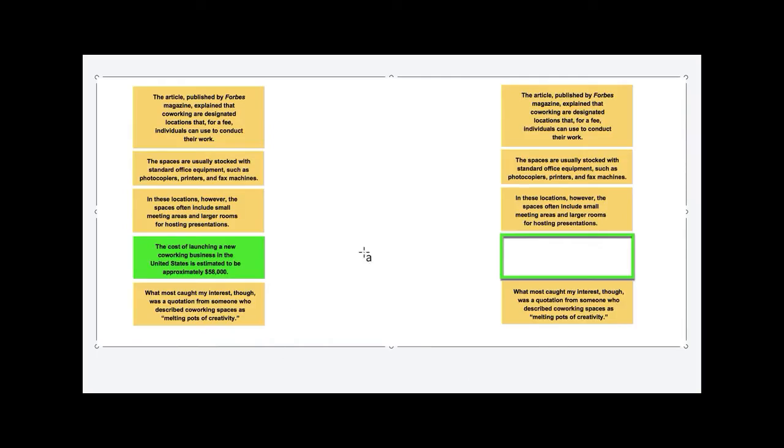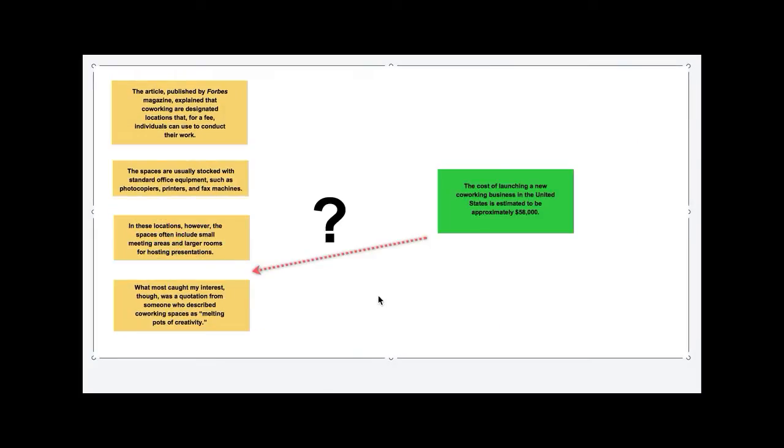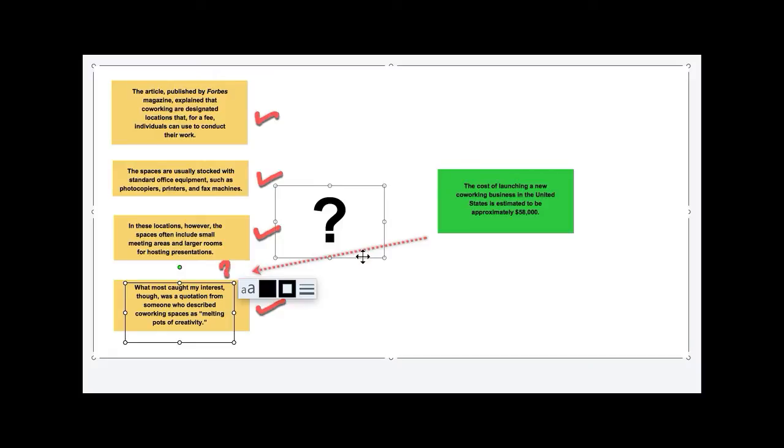This is essentially what the question is asking us. This is the first sentence, this is the second sentence, this is the third sentence, and it's asking, should this sentence come in between them? That's essentially what this question is about.